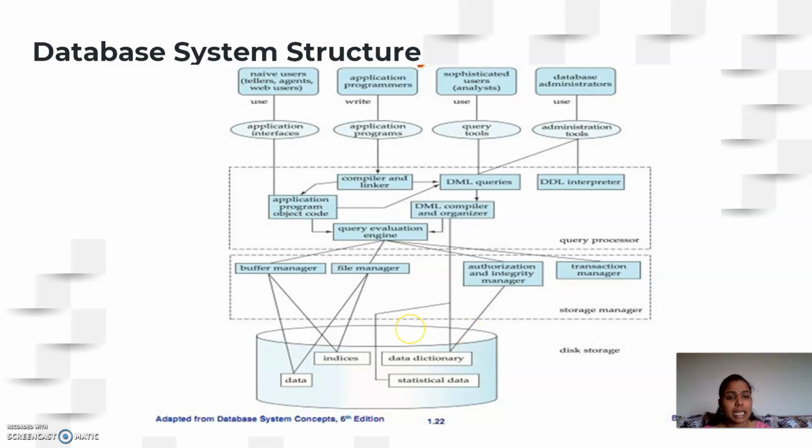Whether the table is available or not, whether the attribute that you wanted to retrieve is available or not, all these things are checked here, and whether you are an authorized user is also checked from this data dictionary. If that is done, your query is properly organized and is passed to the query evaluation engine. The query evaluation engine is the one which actually executes your query with the object code.